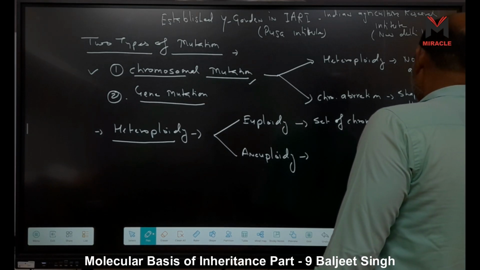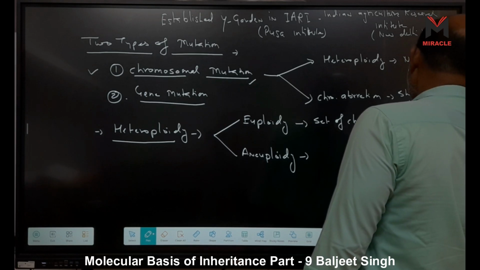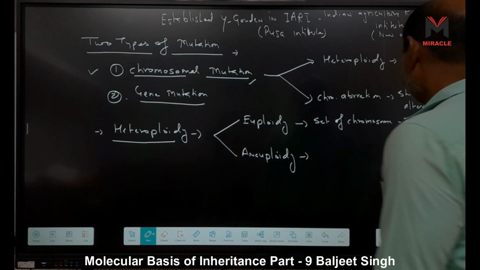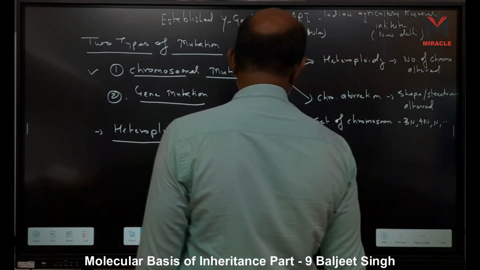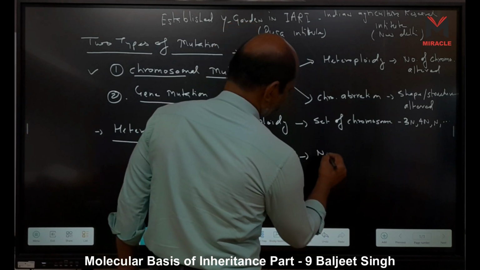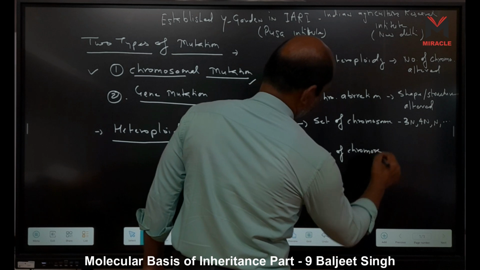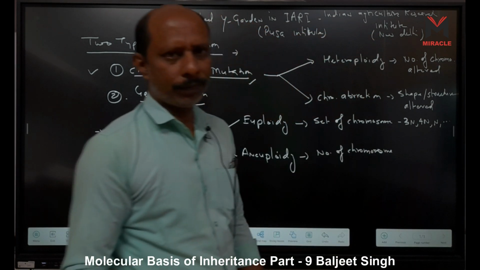That means it becomes N, 2N. 2N is normal actually, 3N, 4N, or N itself, right? And aneuploidy means the number of chromosomes either decreases or increases, right?